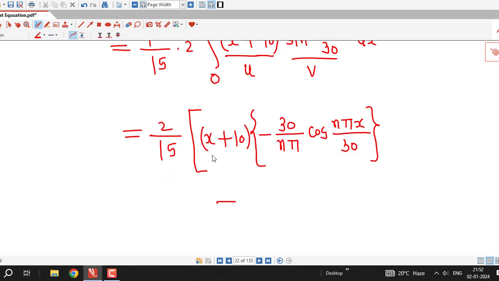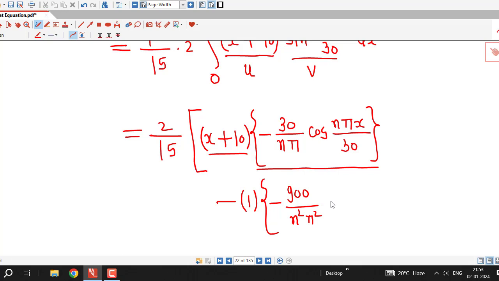Minus derivative of x plus 10, which is 1, and integral of this whole bracket. So again I have to divide by n pi by 30, that is square of 30 over n pi, which is 900 divided by n square pi square, and here the integral of cos is sine function, sine of n pi x over 30. Limits of x are from 0 to 30.